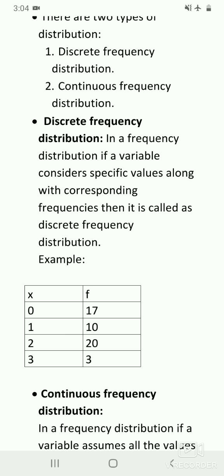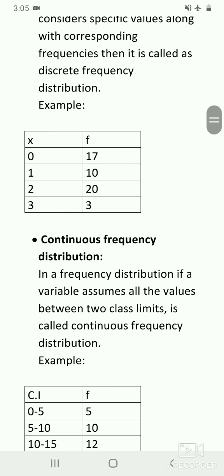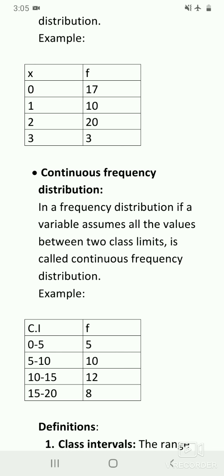Instead of naming each and every couple and saying they have 1 child or 2 children, it would be very huge data. So we are trying to reduce it and we are using frequency for this. In a frequency distribution, if a variable assumes all the values between two class limits, it is called a continuous frequency distribution. We'll see what class limit and class intervals mean. For the time being, the class intervals are 0 to 5, 5 to 10, 10 to 15 and 15 to 20.